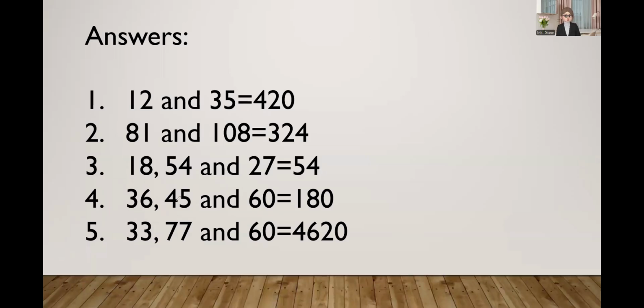Okay, for number 5, let's find out the LCM of 33, 77, and 60. So the factors of 33 are 11 times 3. So list them here. 11 times 3. How about 77? 11 times 7.